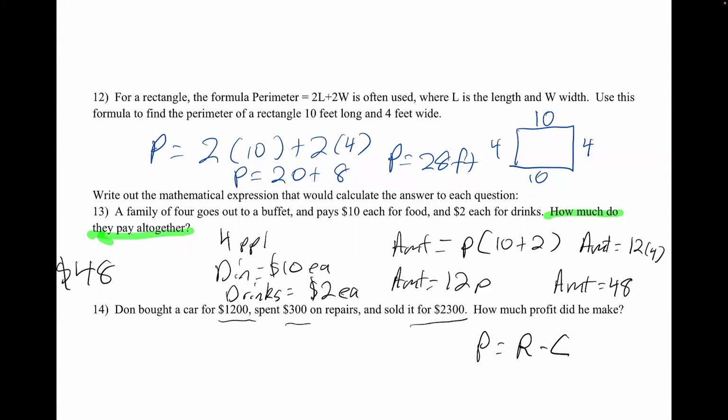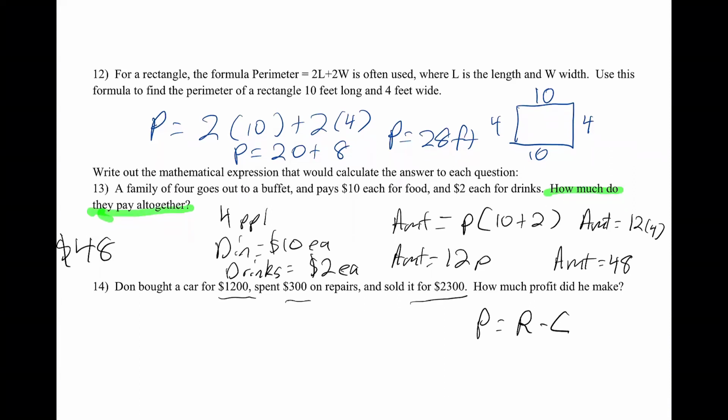Revenue is how much is in the cash register at the end of the day. It's the total amount of money coming in.